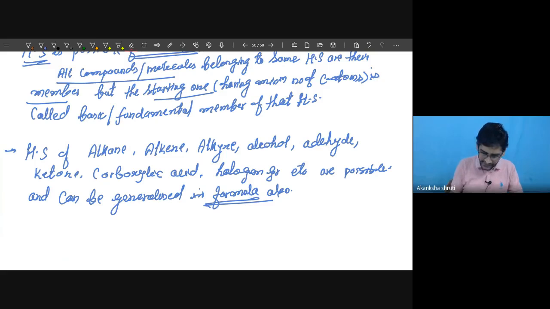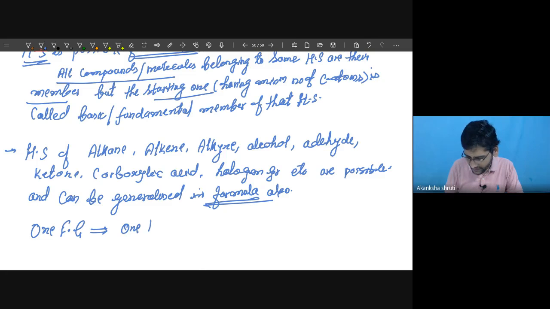So what does it mean? Understand this. I may take a functional group. There could be one functional group. So one functional group can give one kind of homologous series.